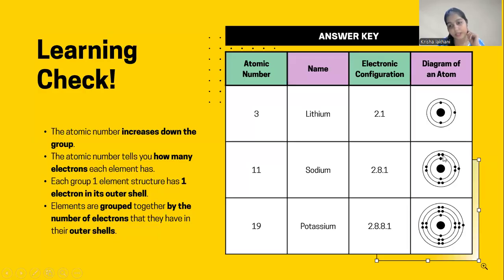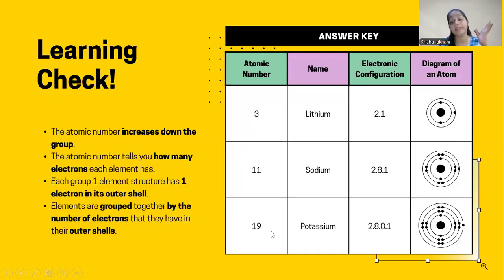Sodium. See, sodium electronic configuration is what? Atomic number is 11. So, 2, 1, 2, 3, 4, 5, 6, 7, 8. What is the total? 2 plus 8 is 10. One more is remaining. So, we'll add one more shell and we will add one more electron. That will make up 11.